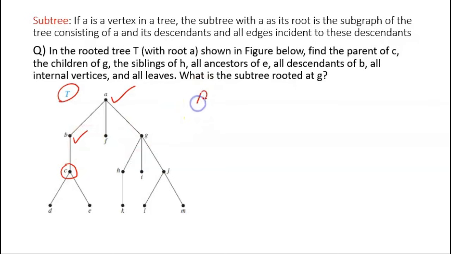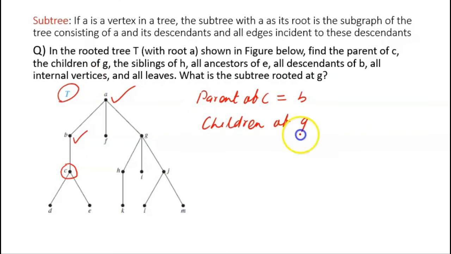So parent of C is equal to B. Next is the children of G. So children of G are H, I and J. So I write H, I and J. I think you can just look at this tree and decide what is the term that they are asking, right? Next thing they are asking, what are the siblings of H?